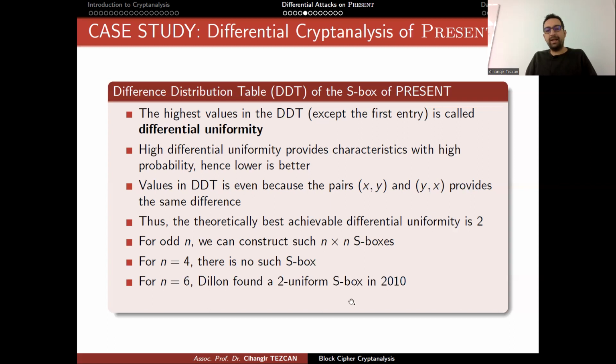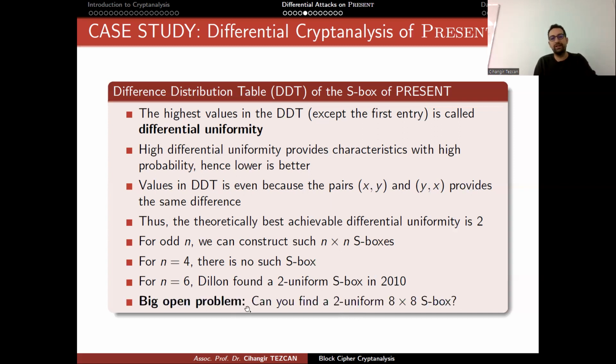But this idea was destroyed in 2010 because Dillon found a 2-uniform S box where n was equal to 6. So you can have a 6 by 6 S box which has a DDT with differential uniformity 2. Now the big open question is, can you find a 2-uniform 8 by 8 S box? Because if you can, then you can say that you found an S box that is better than the AES S box, and you can use that from that point on in any of your designs. This is a huge open problem which hasn't been solved since 2010.